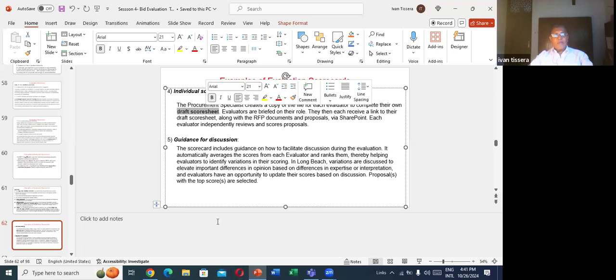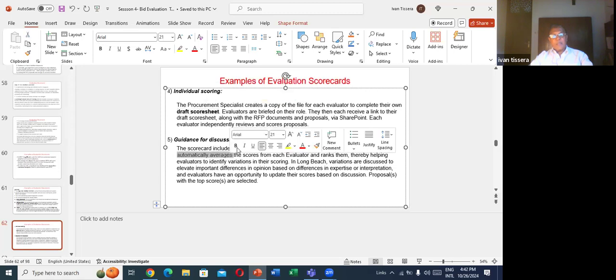Finally, number 5, guidance for discussion. The scorecard includes guidance on how to facilitate discussion during the evaluation. It automatically averages the scores from each evaluator and ranks them, thereby helping evaluators identify variation in their scoring.